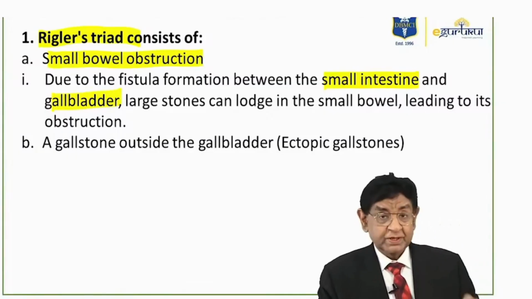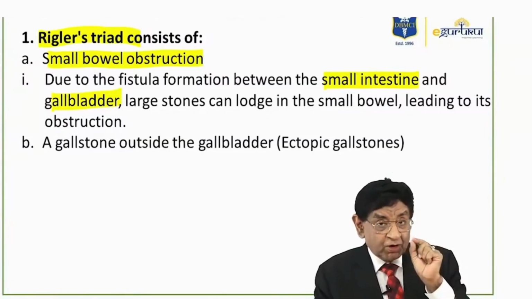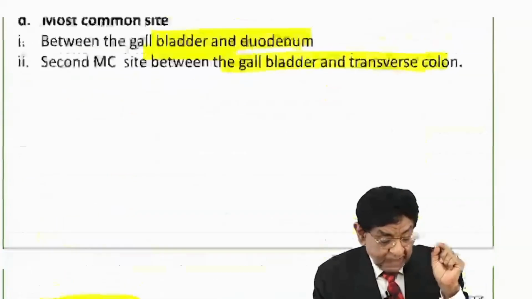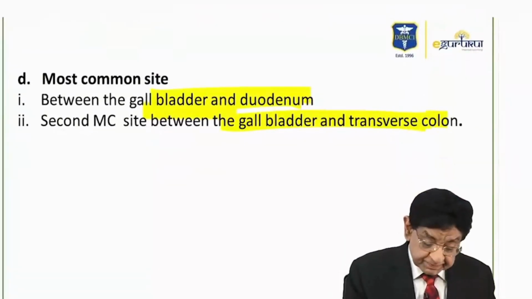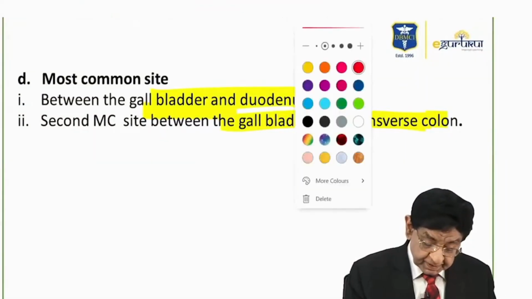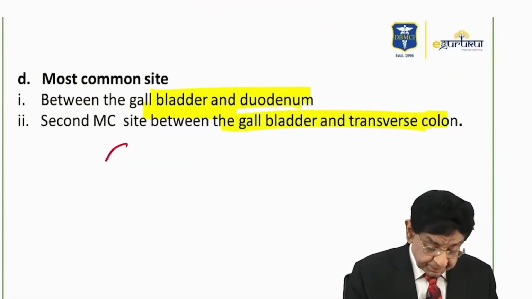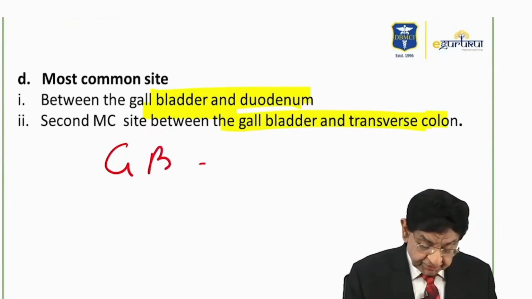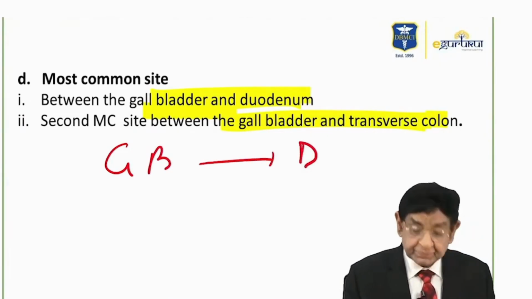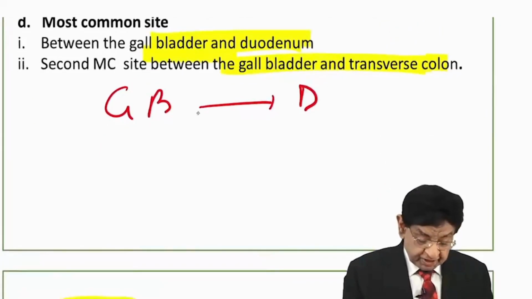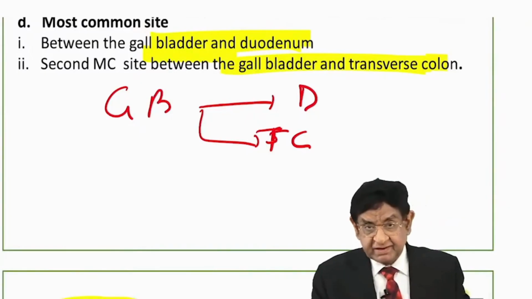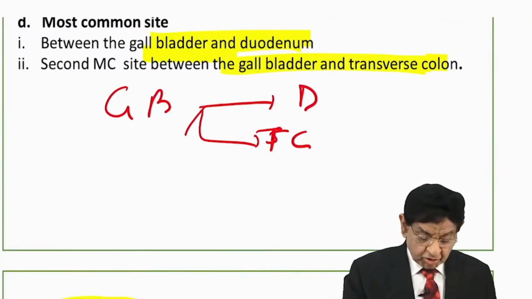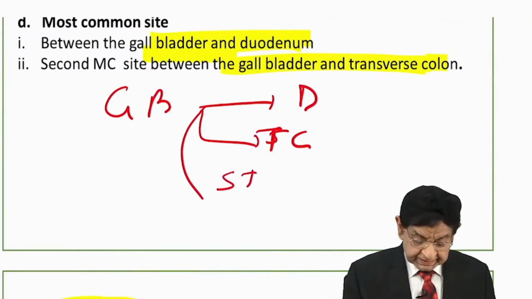So recall my words, go back. We are getting gallbladder fistula with the duodenum, fistula with the transverse colon, and now in Rigler's triad they are talking about the small intestine.